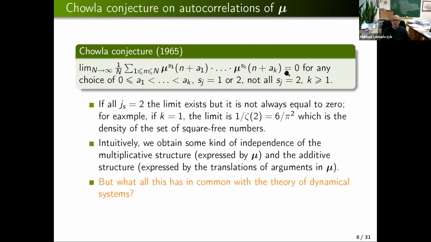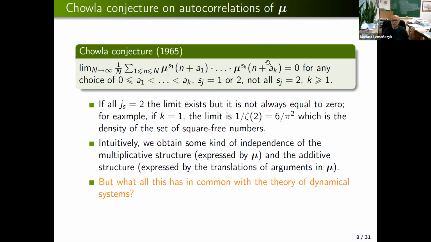Formally speaking, that's exactly this formula. We take correlations of length k. So these numbers a1, ..., ak, you may think of as 1, 2, till k. So you have different shifts, and when you think about these shifts, you automatically think, okay, I have the additive structure of the natural numbers, but then this function is multiplicative.